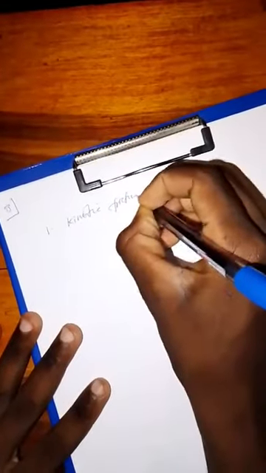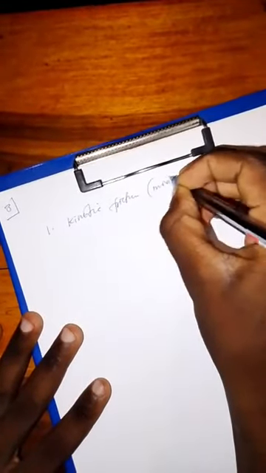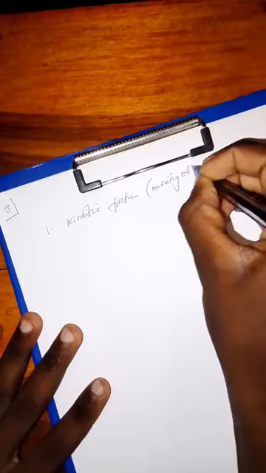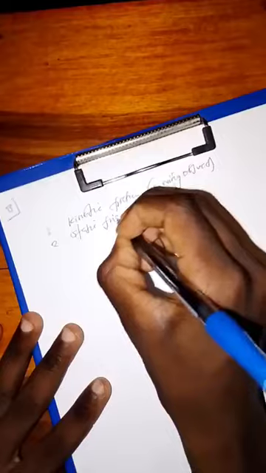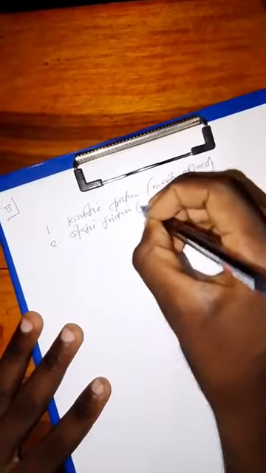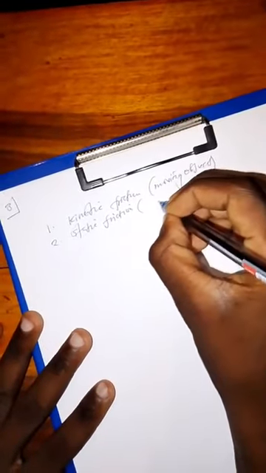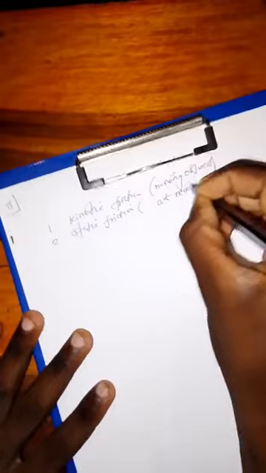Number one, kinetic friction for a moving object. Two, static friction for an object at rest. Static means it's not moving.